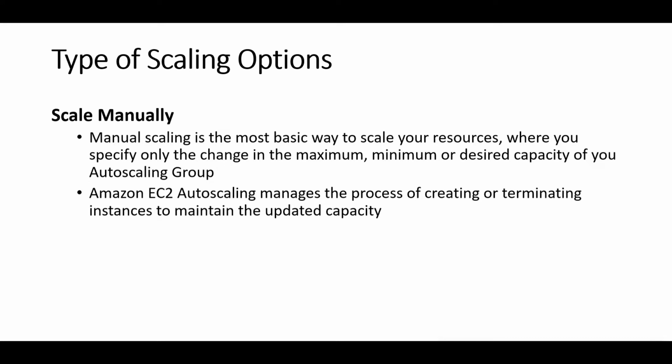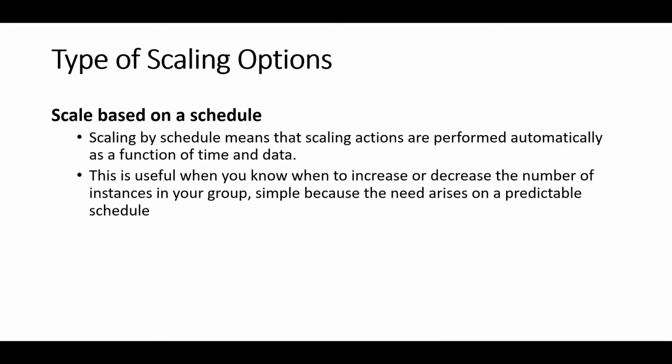Next is scaling based on a schedule. Scaling by schedule means scaling actions are performed automatically as a function of time and date. So you schedule it, at that time where you know that there will be a very high load on your web server, and you want to scale your EC2 instances from 2 to 3 at that time, so that it sustains the load capacity, and after which you can also scale it down based on that schedule.